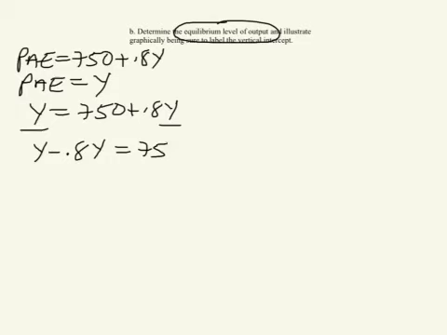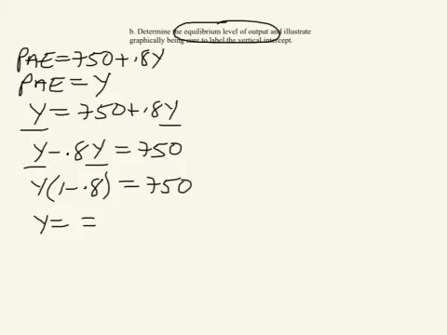So that's equal to 750. Got a y here and a y here. I'm going to factor out this y. Y times 1 minus 0.8 is 750. I'm going to divide both sides by 1 minus 0.8.